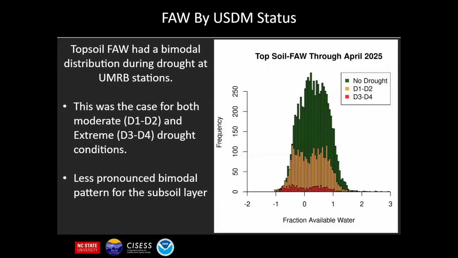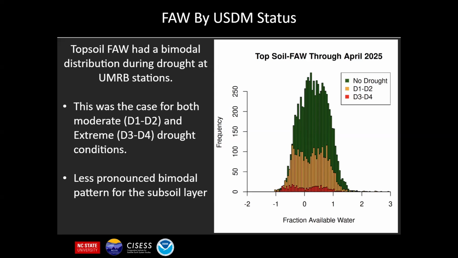So the first thing we did, we just said, well, how does fractional available water vary with the drought monitor? So we have a histogram of our top layer FAW. This is combining 5 and 10 centimeter, or 2 and 4 inch, depending on which system you prefer. And one of the interesting things that jumped out to me is that for D1, D2, D3, and D4 categories, we have a bimodal response.